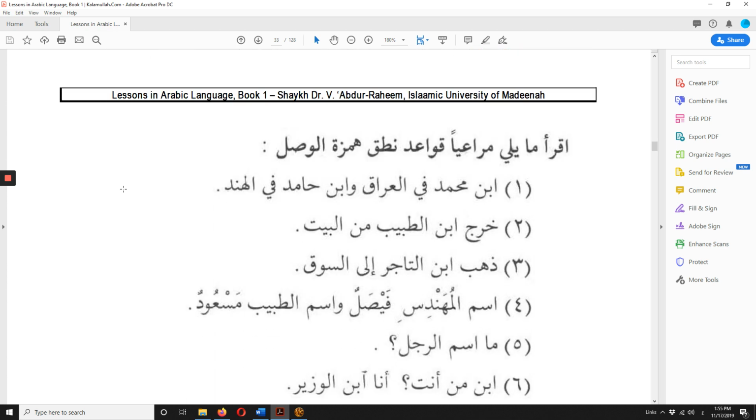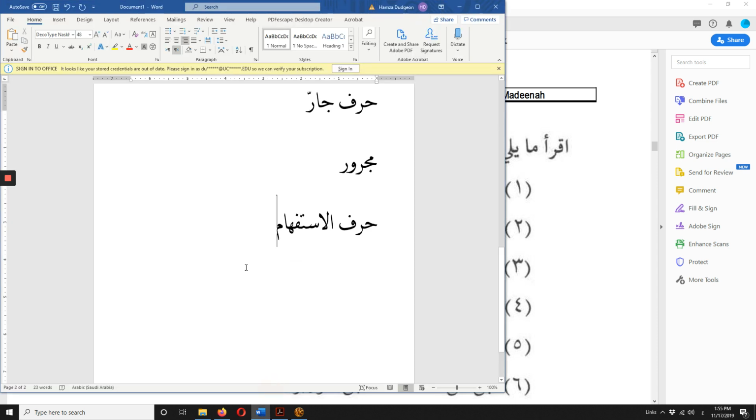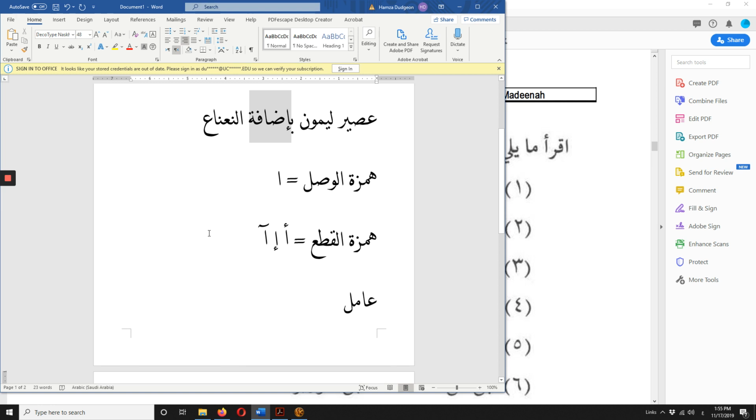Okay. So that's what that's trying to teach you. The difference between Hamzatul Wasl and Hamzatul Qata'. In Wasl, it means to arrive at. Qata' means to cut or cutting. So when you have this symbol of the Hamza sitting on top of the Alif or below it, or you have this elongated Hamza, it cuts the sound. So that's what it means by Qata'.